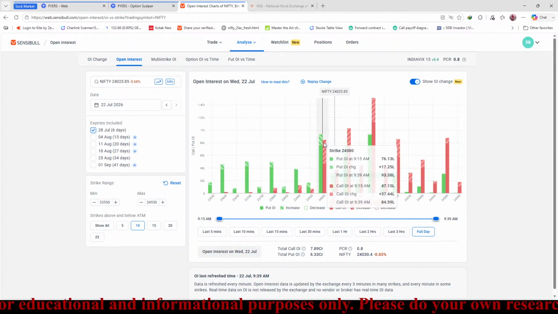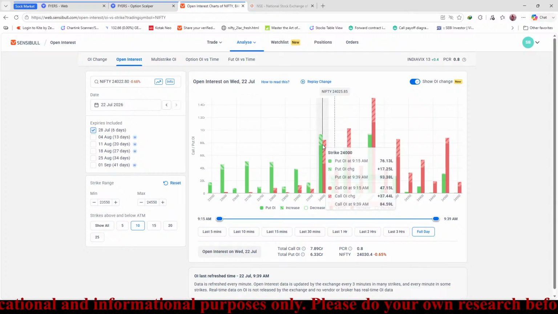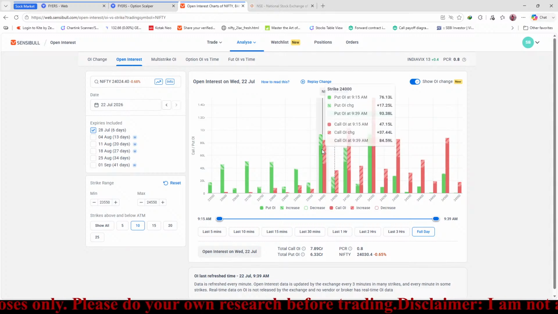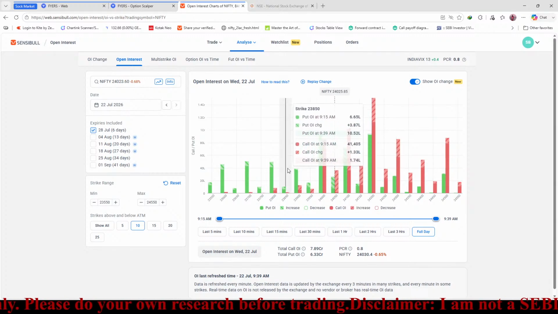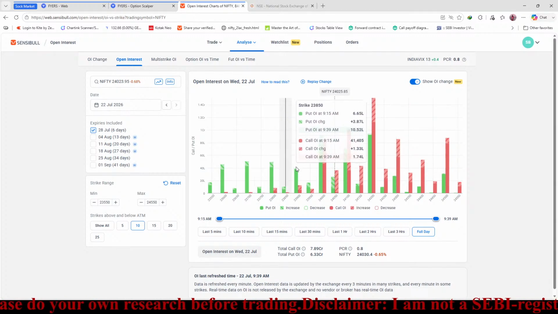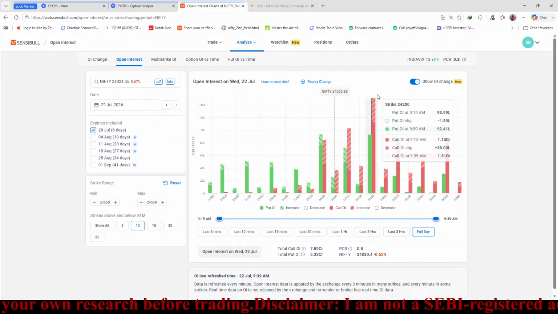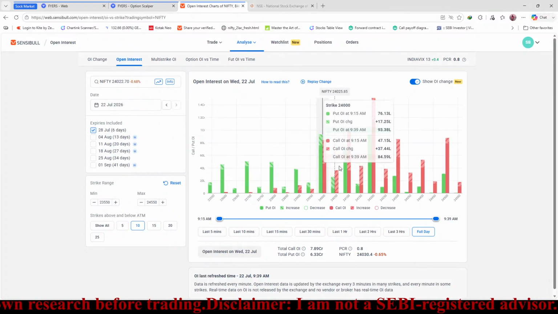So here as well, instead of put, the call has been accumulated more. Put OA change today was 17 lakhs, call OA change is 37 lakhs. So almost double the people have accumulated here, and the positions also are not built up in these locations. That shows the market is exactly on the negative side.